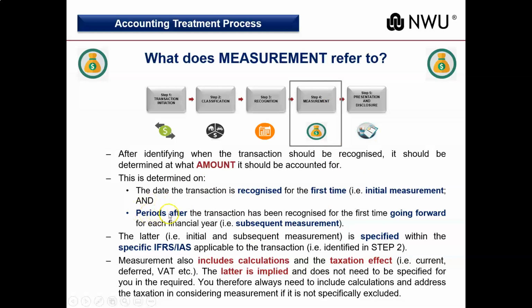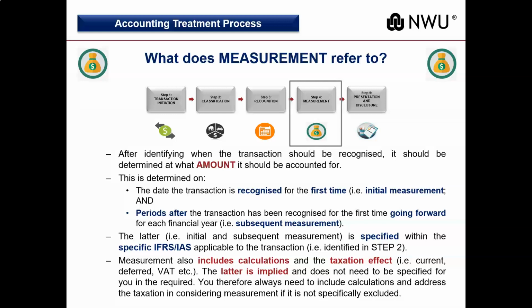And then there are certain periods after that transaction has been recognized, where some subsequent measurement needs to take place of the same item. Let's take, for instance, we bought vehicles. So it's a non-current asset, not a fixed asset, a non-current asset, and we're going to use that asset, for argument's sake, for a period of 5 years.